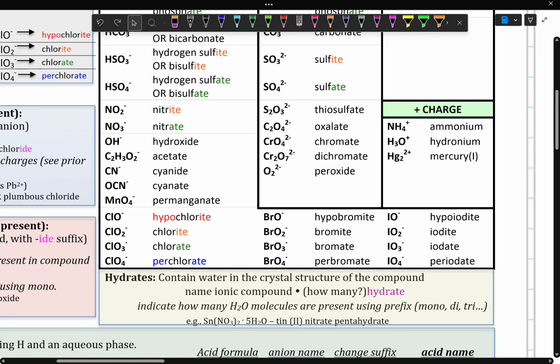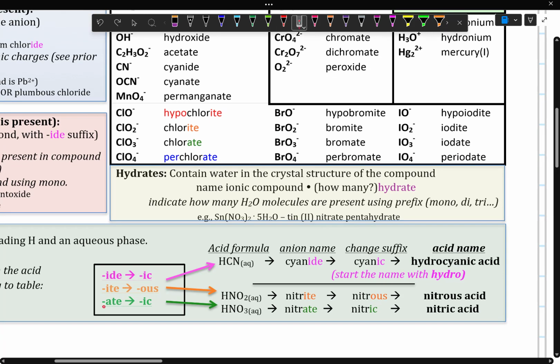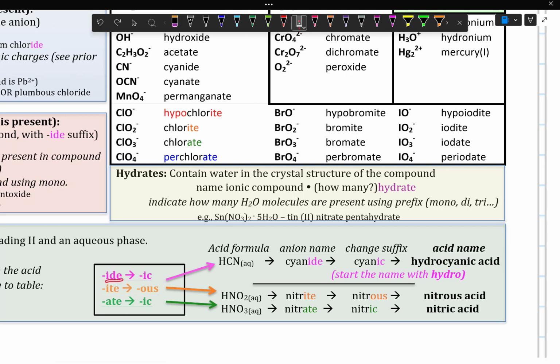And if it ends in ate, it's going to be ic again. Same as ide. If it ends in ide or ate, it's going to be ic.